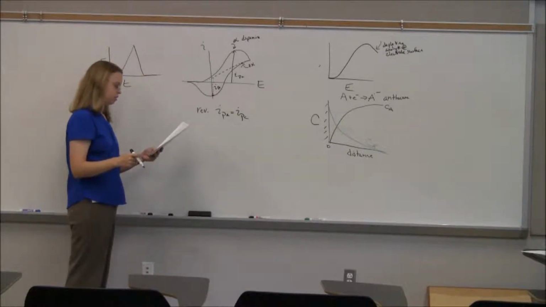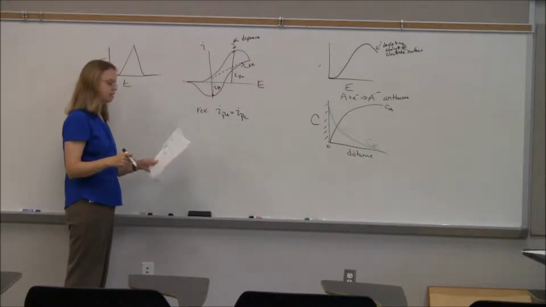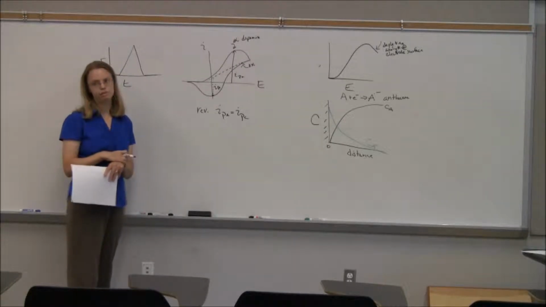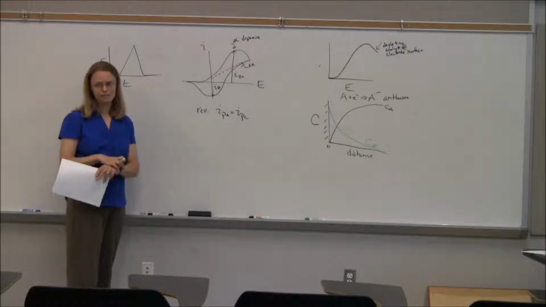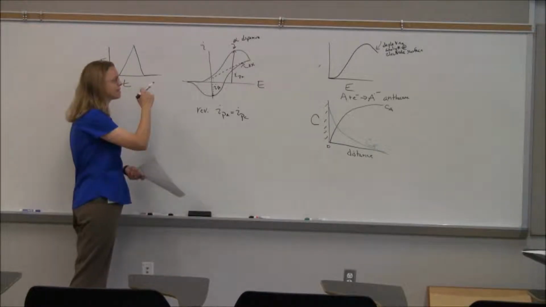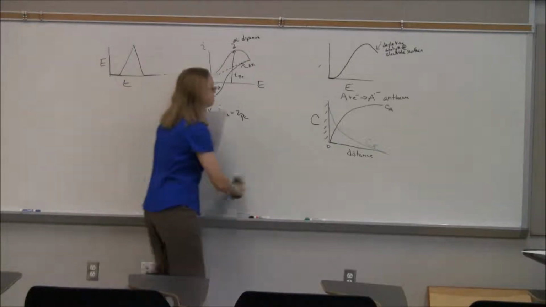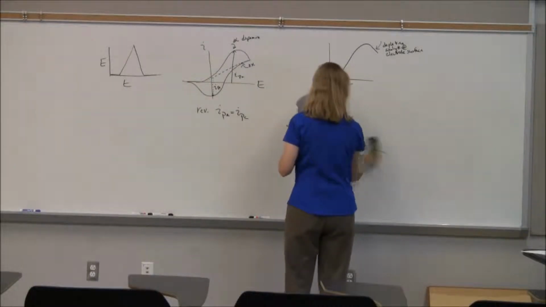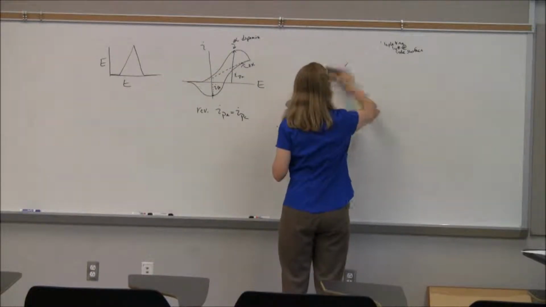Okay, so it turns out that you can write a lot of equations, which I'm going to skip. I'm just going to skip to the answer to figure out what the peak current is. You can read the book if you want to see how this is derived.